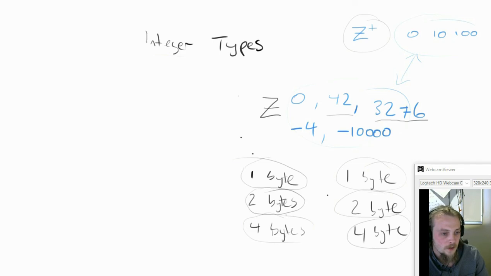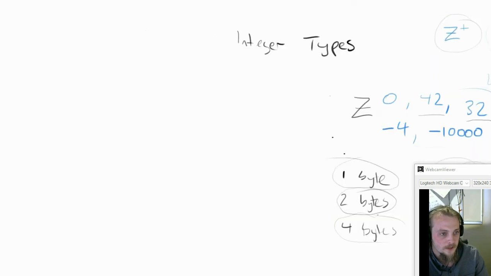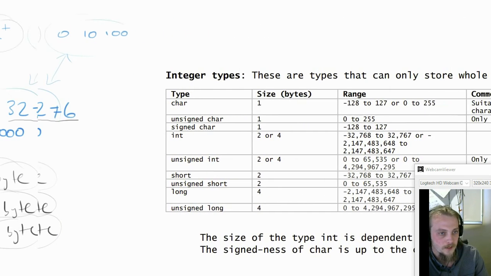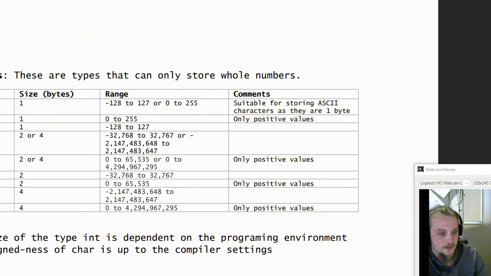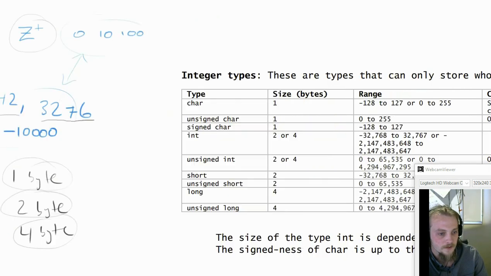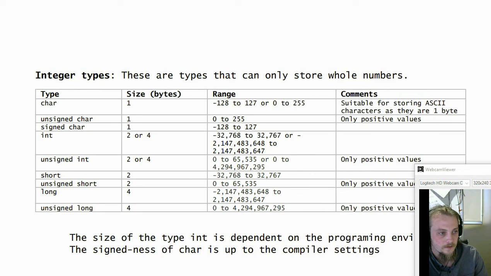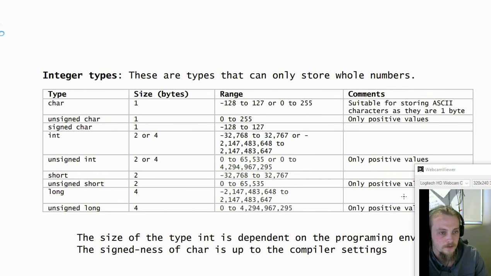Now, we've got the types listed here in this nice handy chart. Let's stop scrolling. There we go, beautiful. All right, so we've got char, int, short, and long.